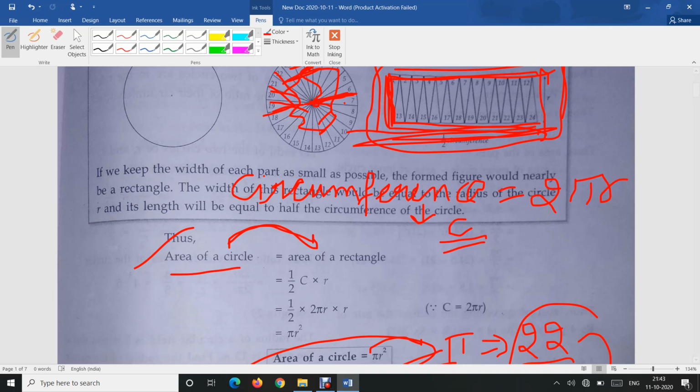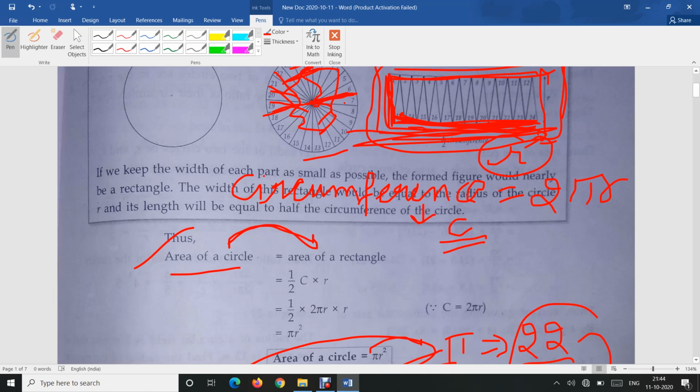So we can say that the width of the rectangle would be equal to the radius of the circle, and we are denoting this by r, and its length will be equal to half the circumference of the circle.